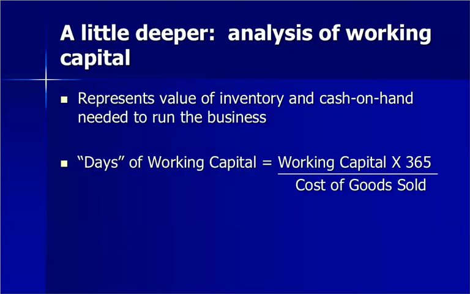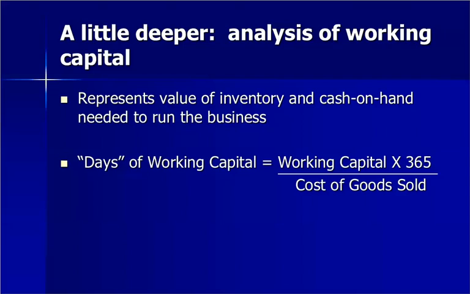Finally, with the Ben & Jerry's case, you might want to dig a little deeper, and as you will learn in the accounting course, there are many, many ways to do this. You happen to be provided in Exhibit 2 the working capital figure for Ben & Jerry's over time. The working capital number represents the value of the inventory that Ben & Jerry needs and the cash on hand that it requires to run the business.